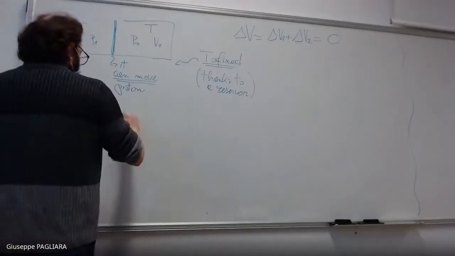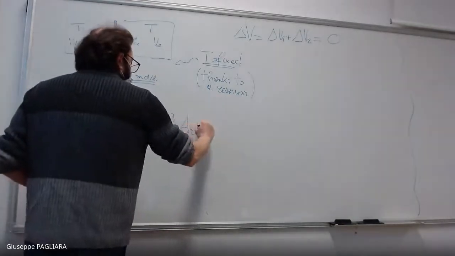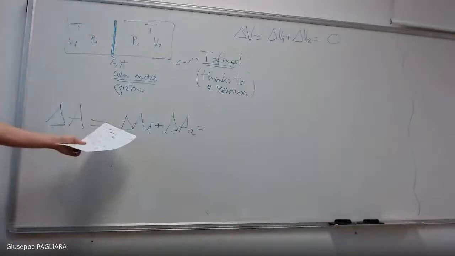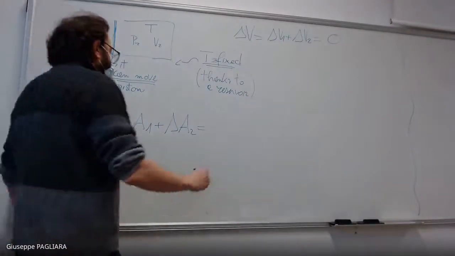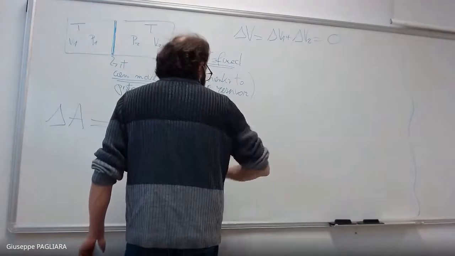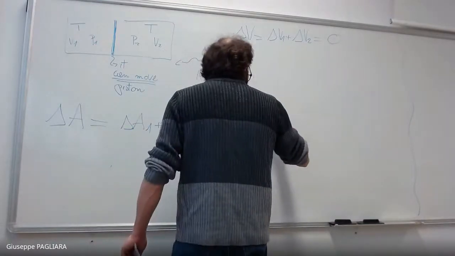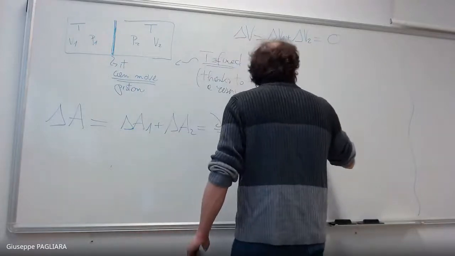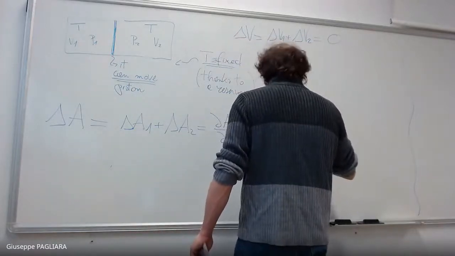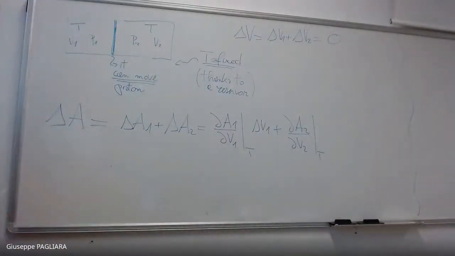Okay, so this is delta A1 plus delta A2, and again we use the partial derivative. This is dA1 divided by dV1 at fixed temperature times delta V1 plus dA2 divided by dV2 at fixed temperature, as before.